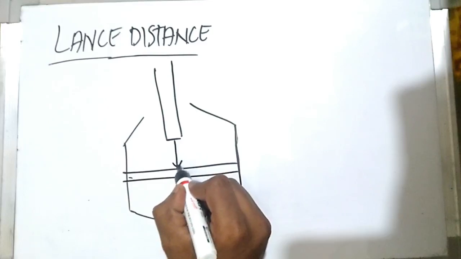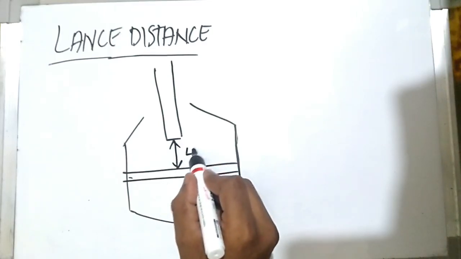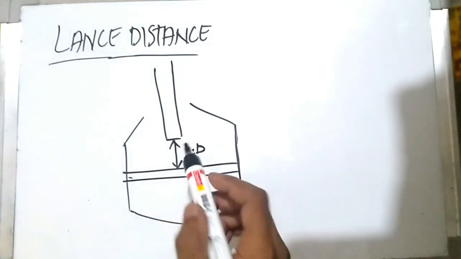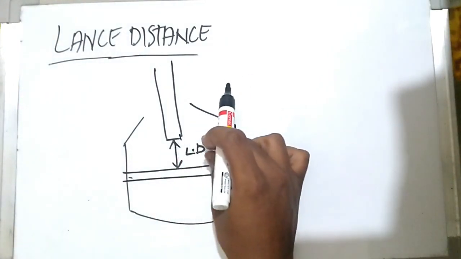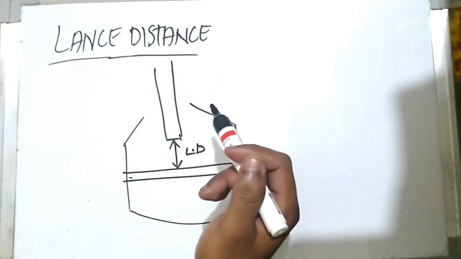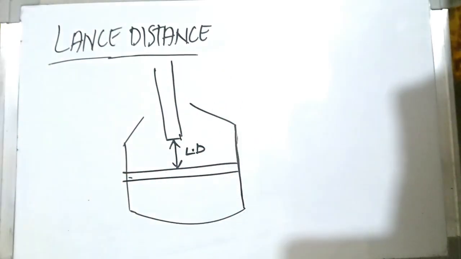The difference in height between the nozzle and the metal or the slag layer is known as the lance distance. And why is this important? Because this lance distance is maintained such that the concentration of force with which the oxygen hits the bath can be controlled.